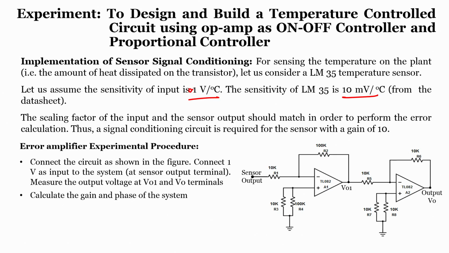We have to match the input sensitivity with LM35 sensitivity, so that both factors will be of same unit. In order to match with that, we have to multiply the output of the sensor, which is LM35, with a gain of 10. That means we have to amplify the LM35 sensor output, so that it will be my feedback signal.